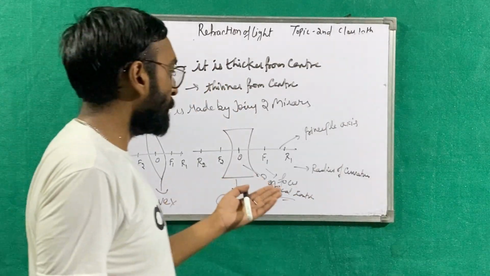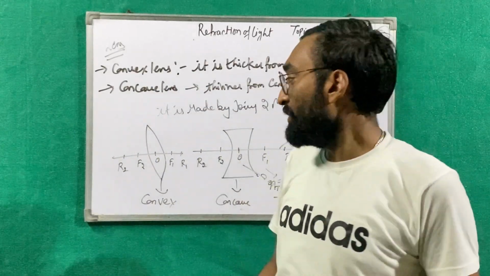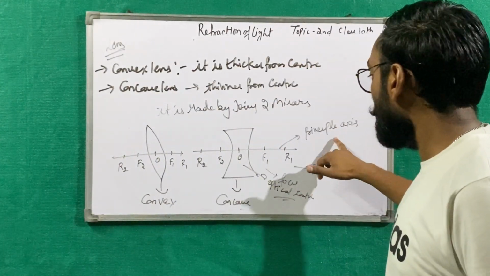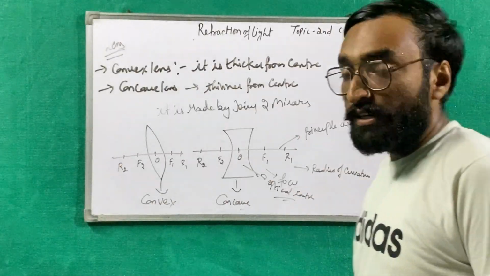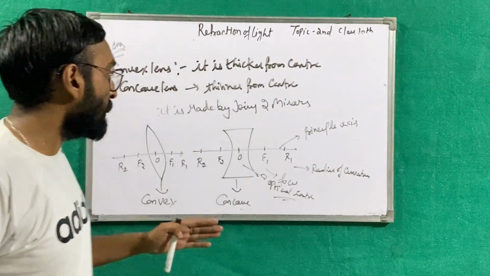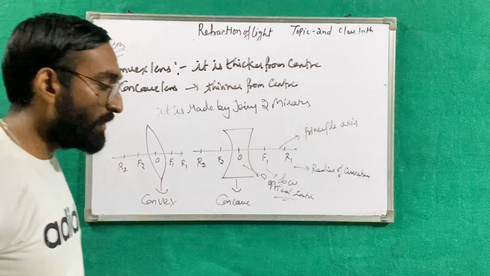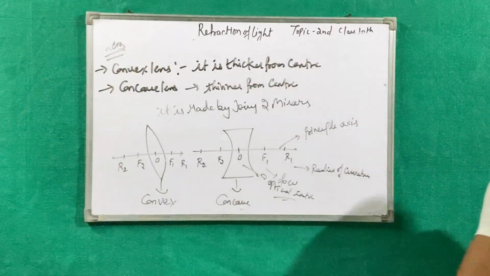So these are some of the terms that are related to the lenses, that is principal axis, radius of curvature, focus, and optical center.